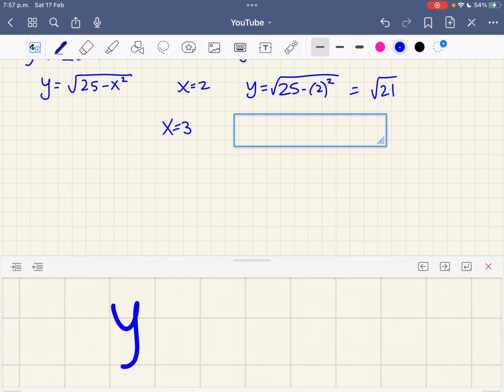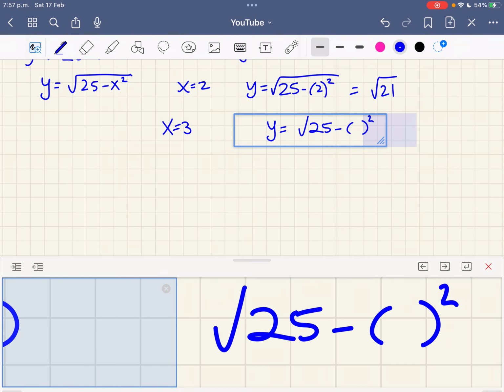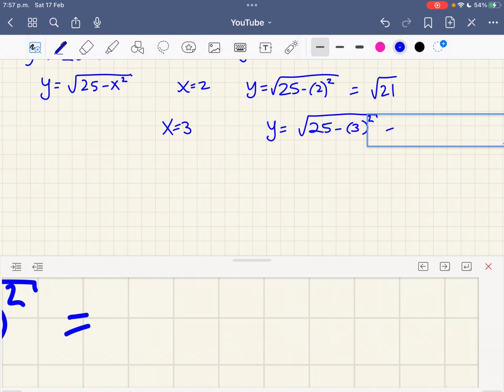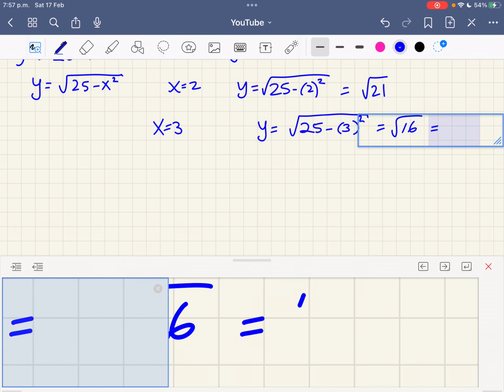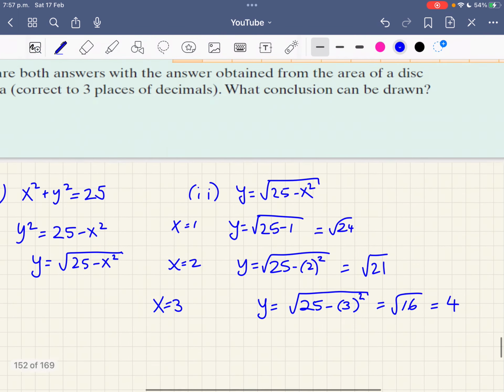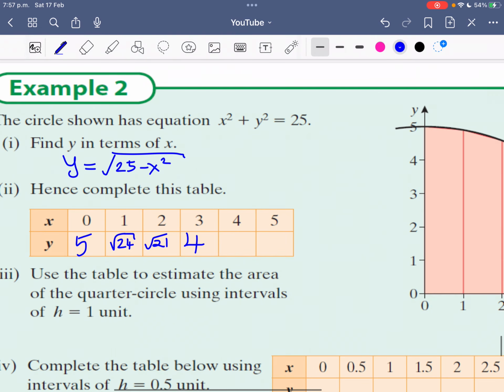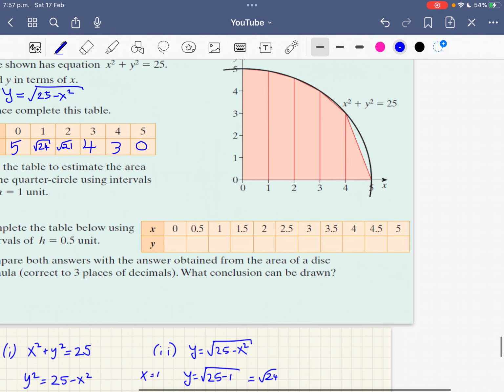You have your formula, y is equal to the square root of 25 minus 3 squared, which is 9. So 25 minus 9 is 16. We get the square root of 16, which is 4. So that works out to be 4. And the rest of these, the next one is 3. And when you sub in 5, you get 0. You could have seen that one from your graph down here.